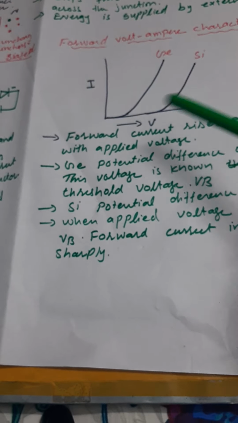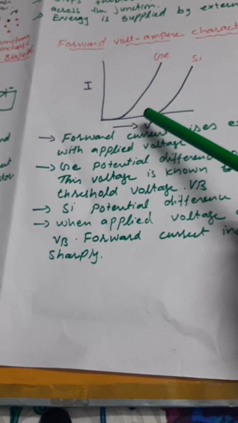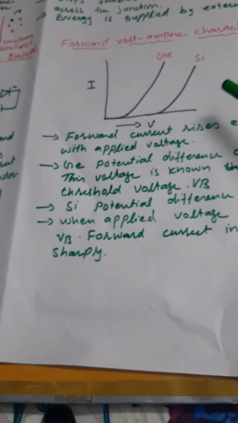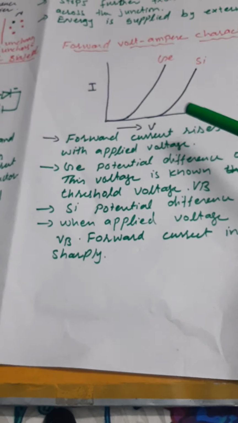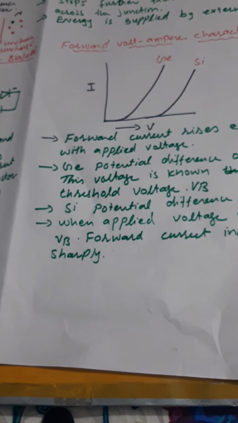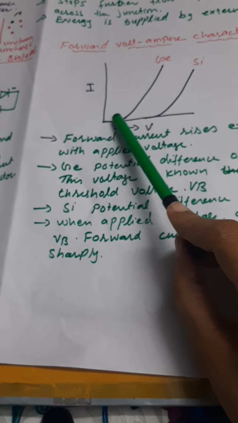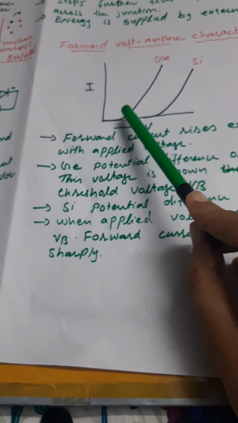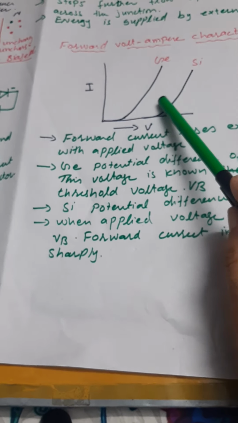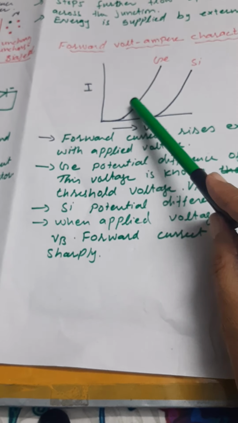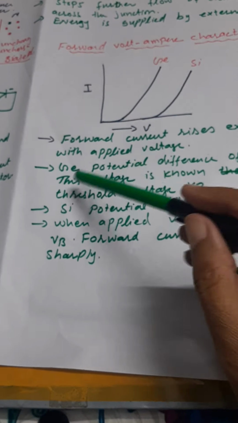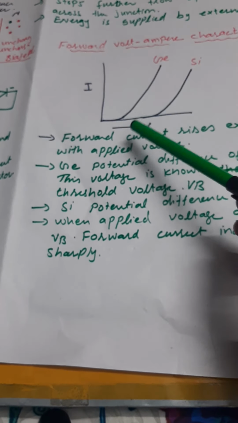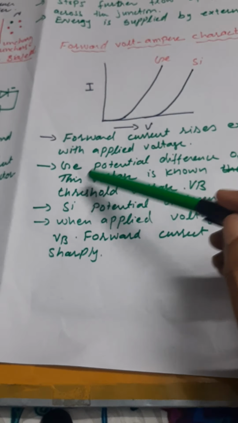Forward current rises exponentially with the applied voltage. For germanium, when the voltage increases to 0.3 volt, the current sharply increases. This 0.3 volt is known as the threshold.